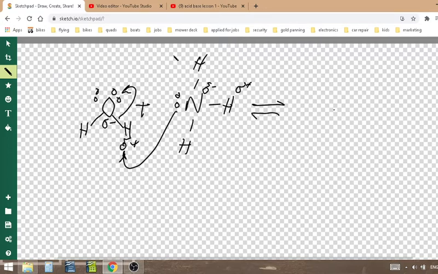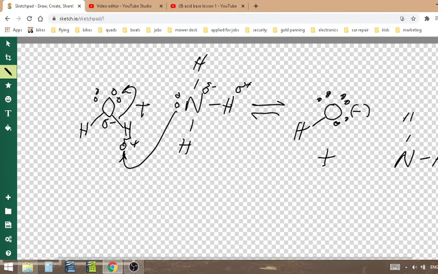But what do we end up with from the water molecule? Well, it's going to give up a proton. It is a proton donor, just as it was with the hydroxide ion. So when it gives up that proton and those electrons shift to the oxygen, you end up with the hydroxide ion. What's the other product? Well, the ammonia picked up a proton.